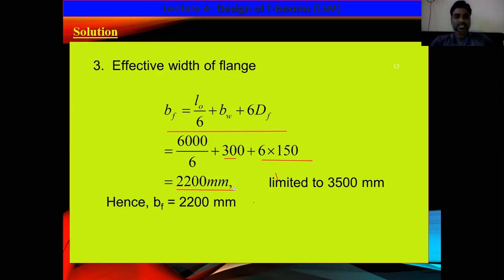So it is less than this one. Therefore, you can use bf equal to 2200 mm, right?